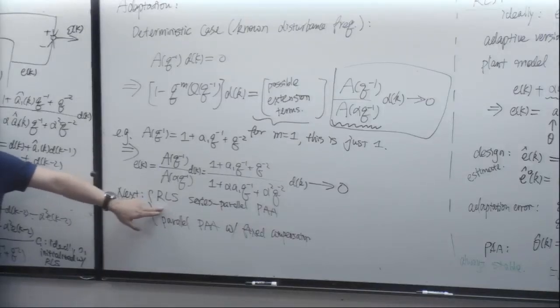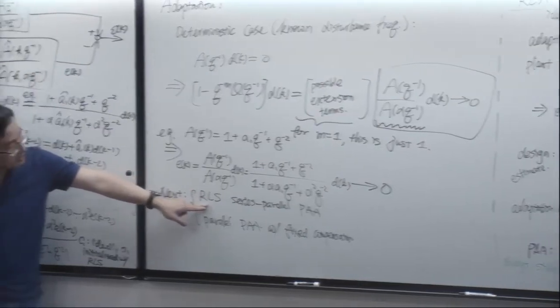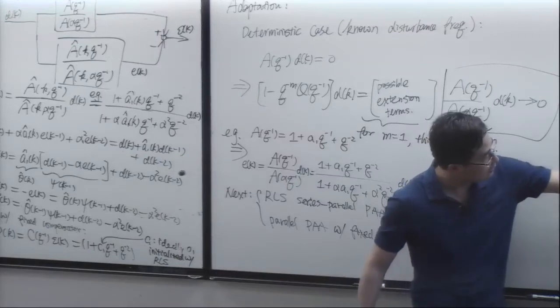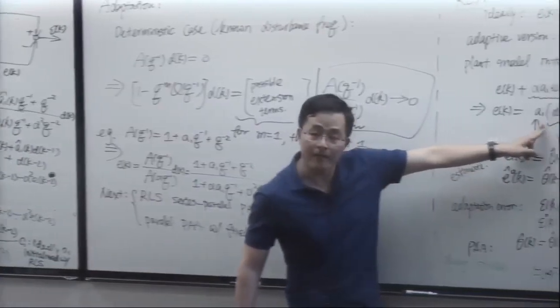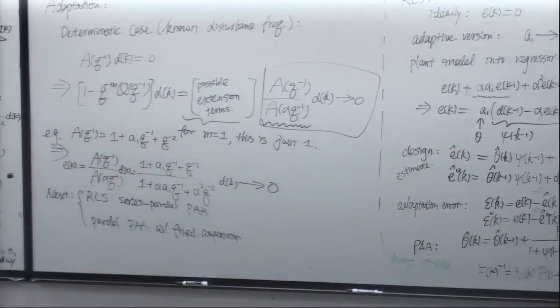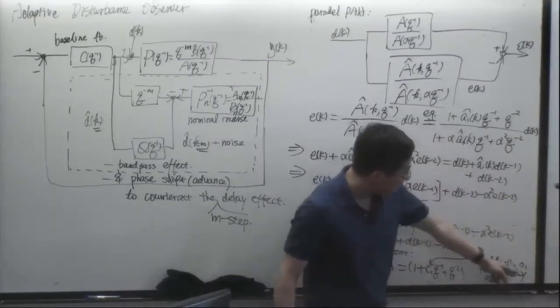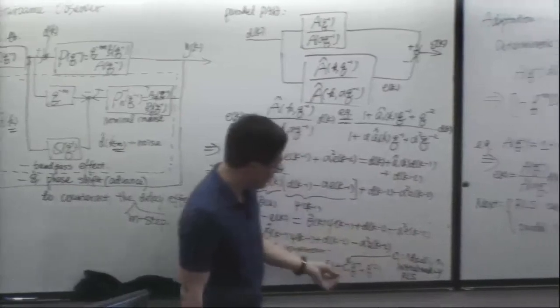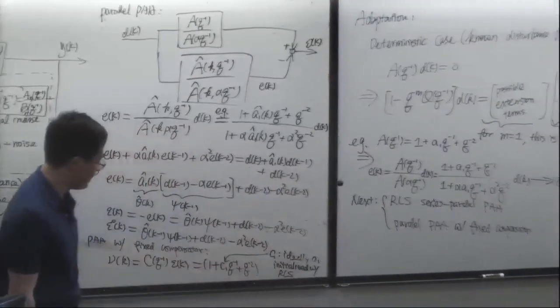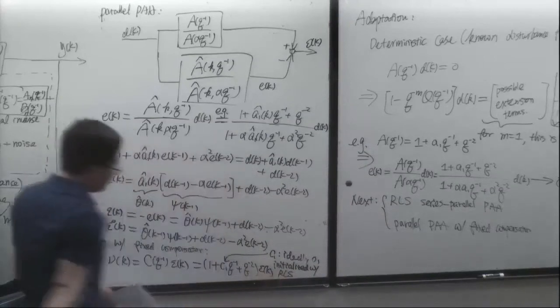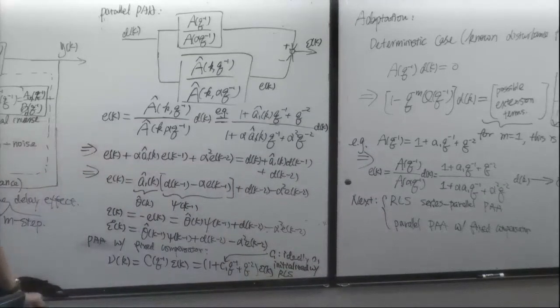We first run a recursive least squares PAA. We get a rough, not so accurate version of A1. And then we improve it with a parallel PAA by assigning the initial, possibly not accurate A1 into the compensator. So that is the basic idea of the parallel PAA.